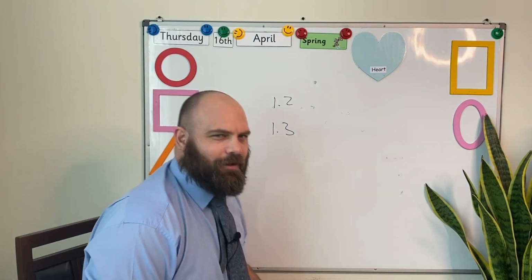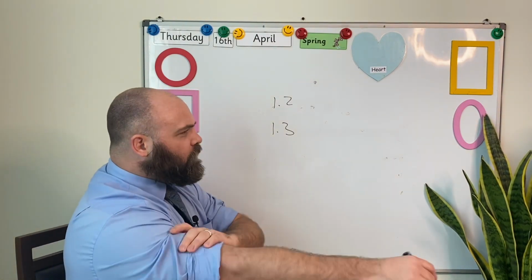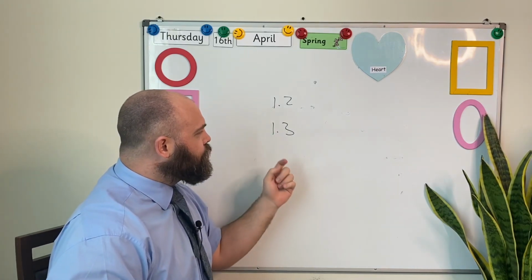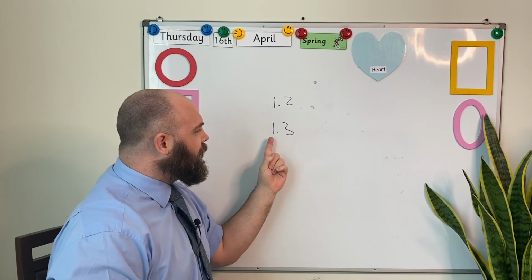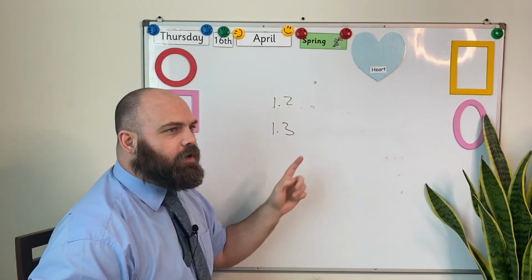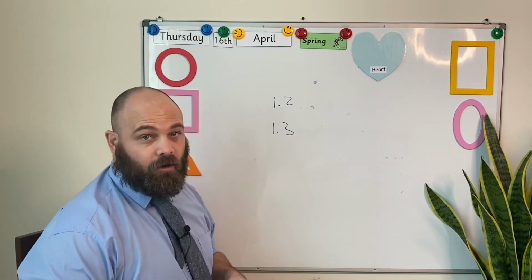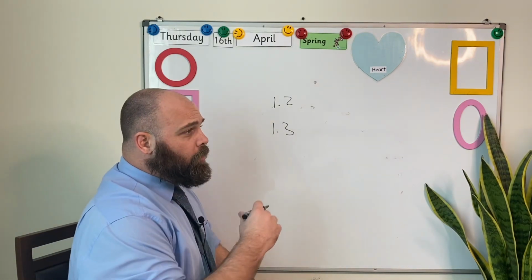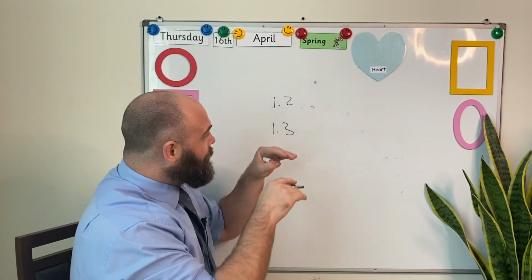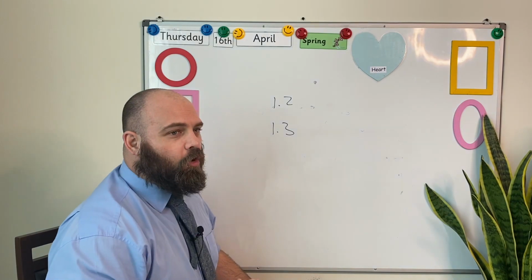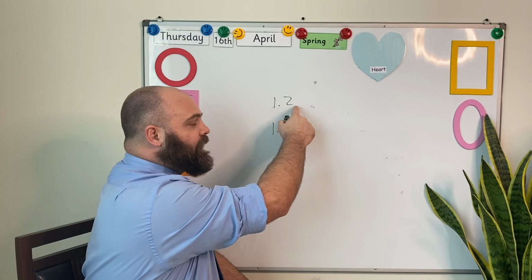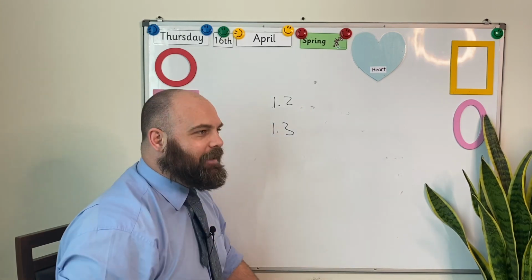And this stumped a lot of us. So what I want you to think of is, well, if I've got 1.2, that's 1 whole and 2/10ths, and I've got 1 whole and 3/10ths, are there numbers between 1.2 and 1.3? Well, yes, there are. So because we've got tenths as our biggest place value at this stage, all we need to do is say, well, what could I add onto that would make this bigger without getting bigger than 1.3.